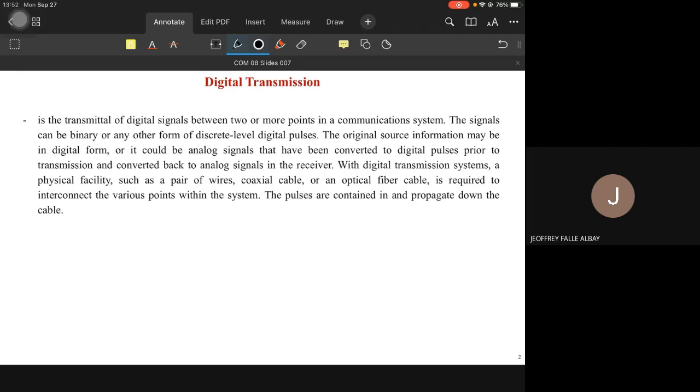With digital transmission, a physical facility is required, such as wires or cables or fiber optic, to interconnect. So unlike digital modulation techniques, this cannot be wireless, because the pulses are contained in and propagate on the cable.